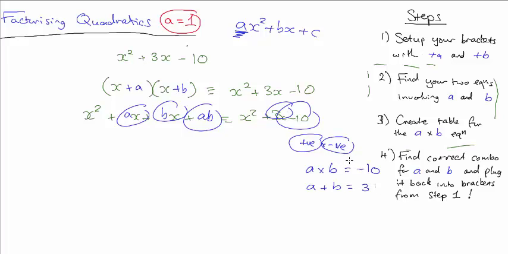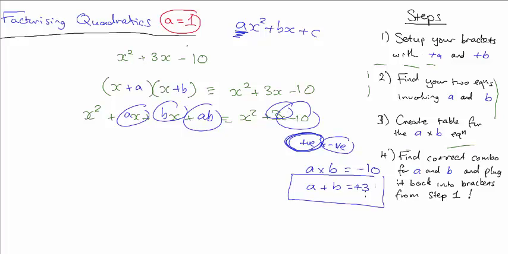The one thing we do know is, actually, there is a little thing. We're going to have a positive and a negative, and they're going to add together to give us plus 3. So we're interested in the combinations of numbers which multiply to give you minus 10, where the positive is bigger than the negative.